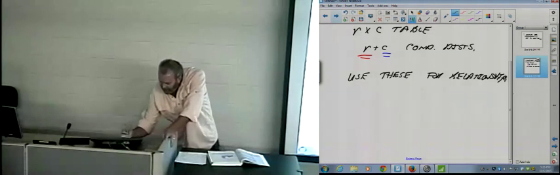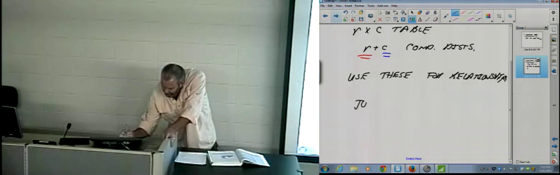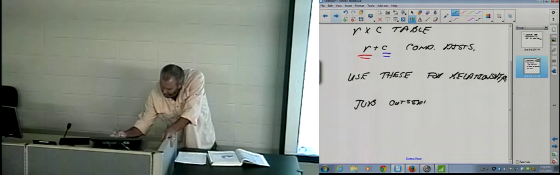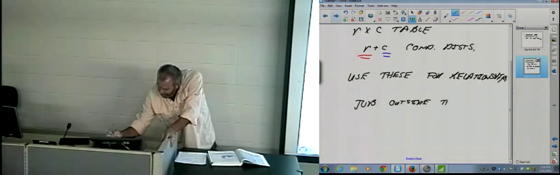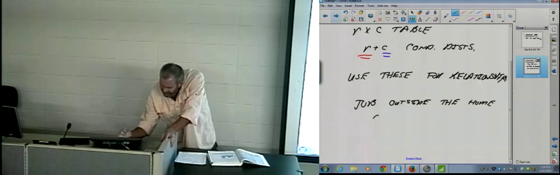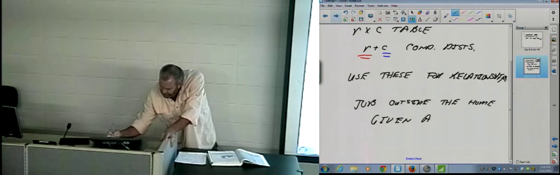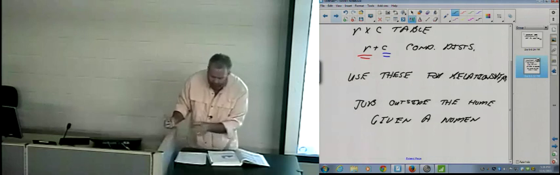So I'm looking at job outside the home, given a woman with no college.